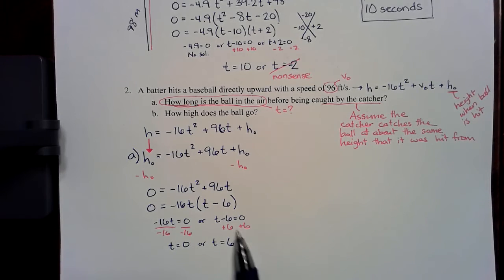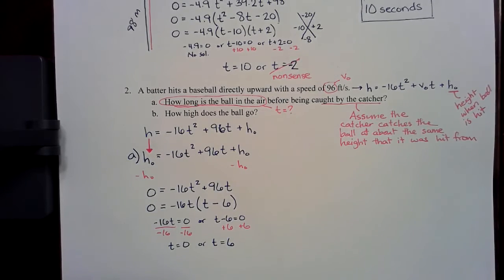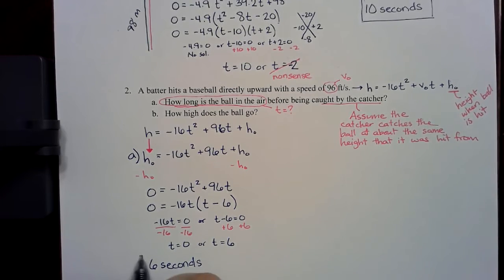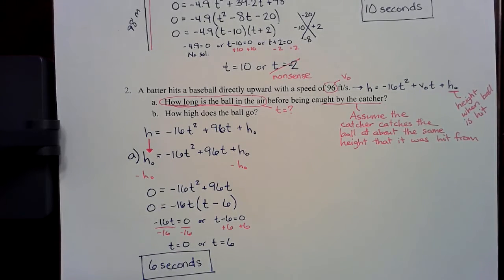And so this other number is going to be when the catcher actually catches it. So how long is the ball in the air before it's being caught by the catcher? 6 seconds. So I'm not going to cross off t equals 0 because it's not nonsense. It's just not when it was caught, it's when it was hit.